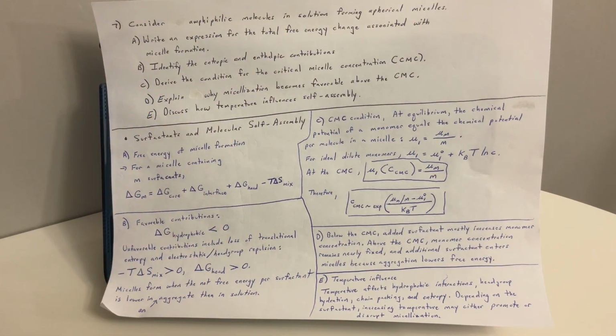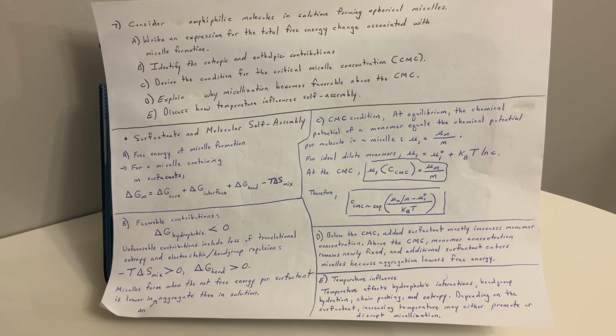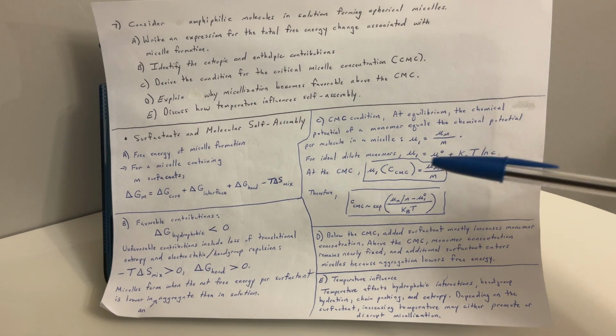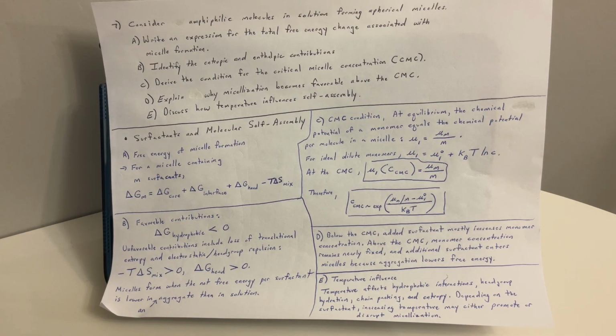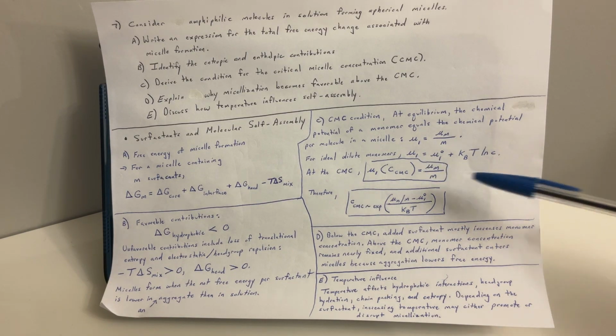Letter C, derive the condition for the critical micelle concentration, CMC. So the CMC condition at equilibrium: the chemical potential of a monomer equals the chemical potential per molecule in a micelle. Mu sub 1 equals mu sub M over M. For ideal dilute monomers, mu sub 1 equals this entire term here.